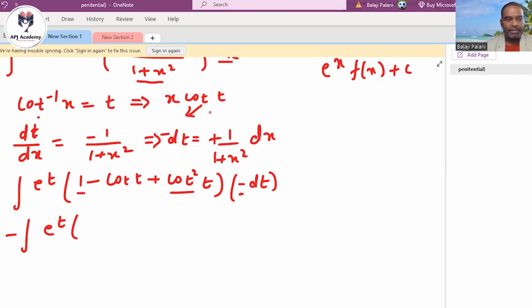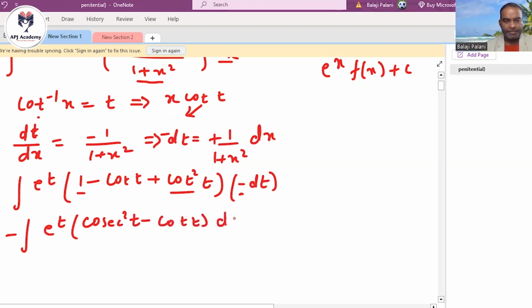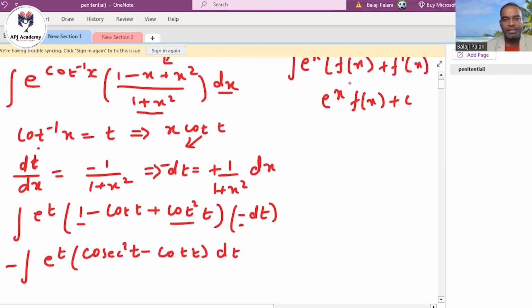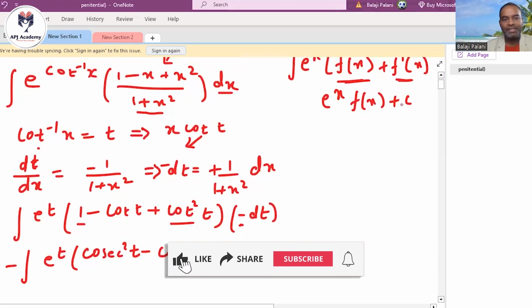So you will rewrite that as cosecant square t minus cot t dt. Right? The minus is already out. Now we know that cot t's derivative is minus cosecant square t. Okay, so we have brought it into the format e power x into function and its derivative.